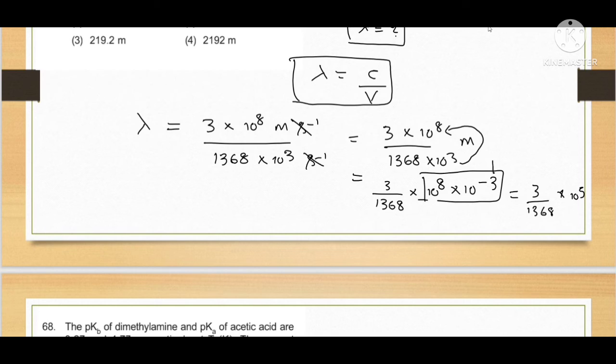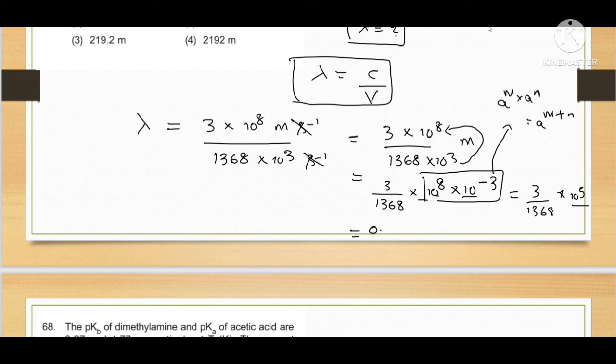Here we know the formula, when bases are equal, a power m into a power n equals a power m plus n. Here bases are equal, so add the powers, 8 plus minus 3, that gives rise to 10 power 5.